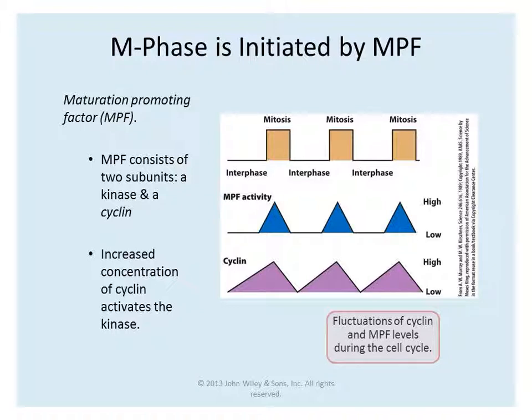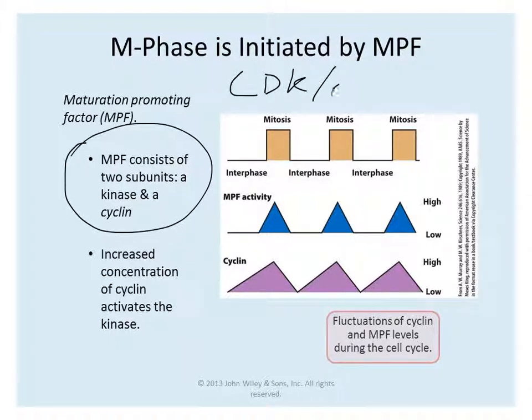And it's further been shown in mammalian cells as well. MPF, when it was analyzed, consists of 2 subunits, one of which is a kinase we now call CDK, cyclin-dependent kinase, and another protein, a regulatory protein called cyclin. So it has CDK and cyclin as a dimer complex.